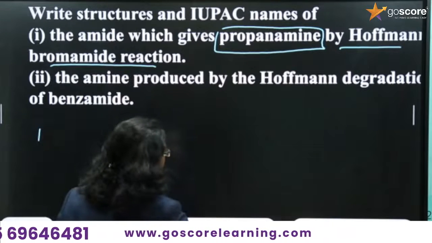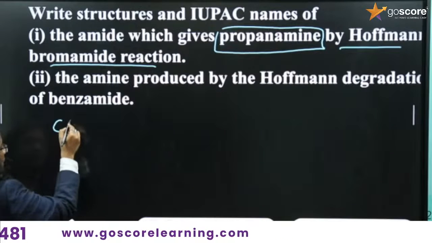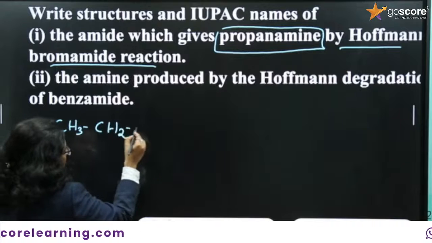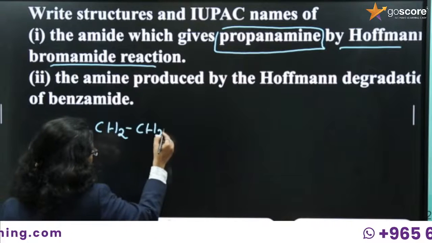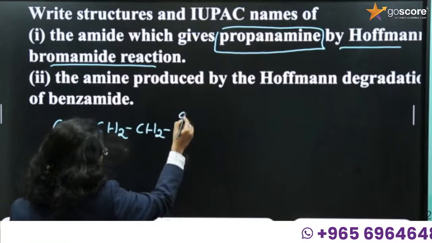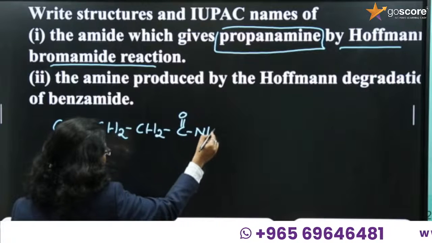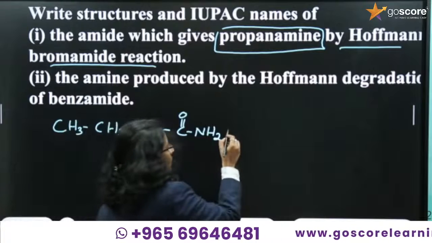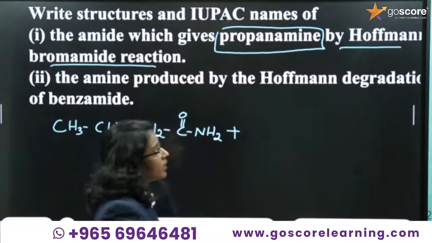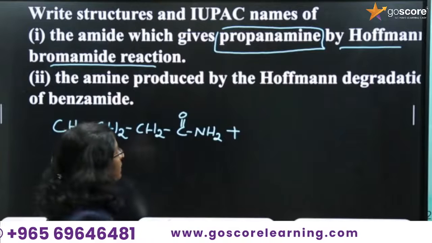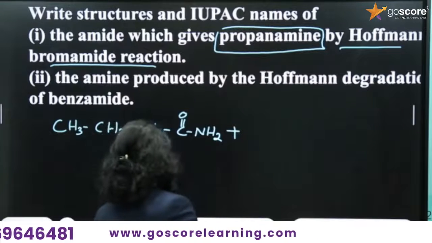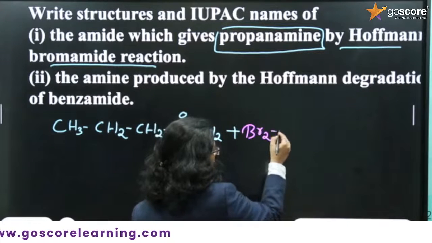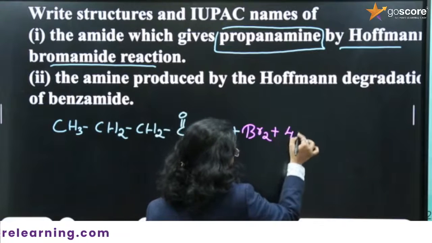That is CH3, CH2, CH2, C double bond O, NH2. On reacting with what is the reagent of Hofmann bromamide degradation reaction? Br2. Is it? Br2 in presence of NaOH.